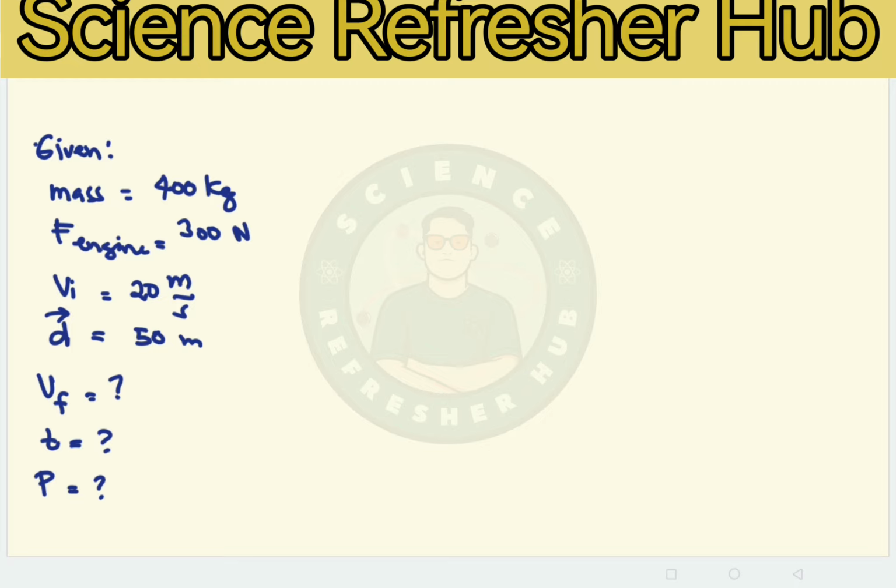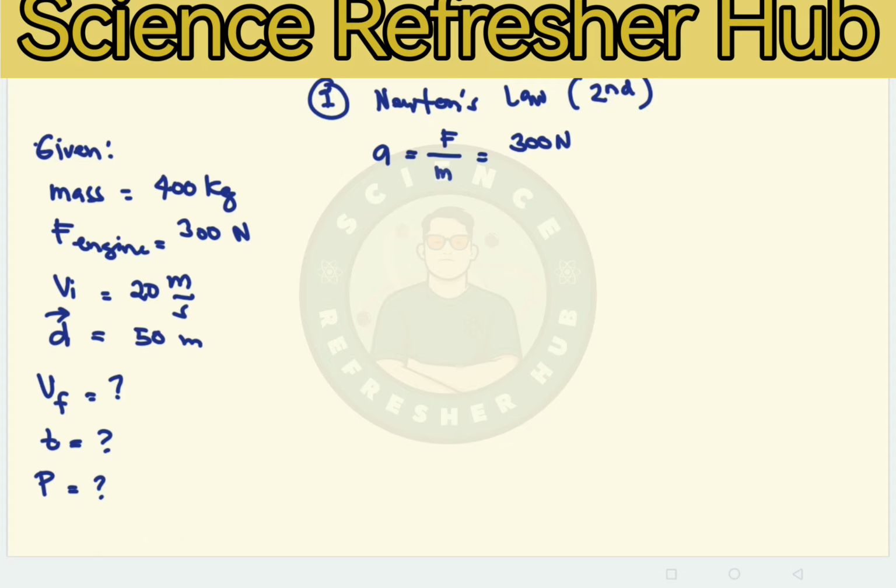Before we can get the final velocity, we should use Newton's second law, the law of acceleration, which tells us that to get the acceleration, all you have to do is divide force by the mass. So we have the force of the engine. We will plug in here 300 newtons, divided by our mass of 400 kilograms.